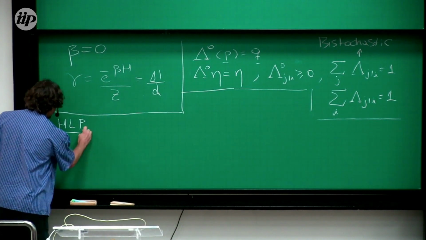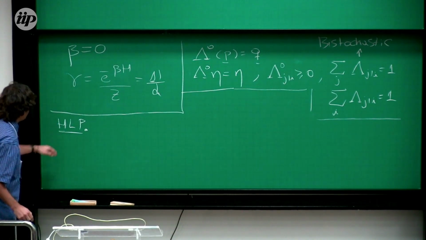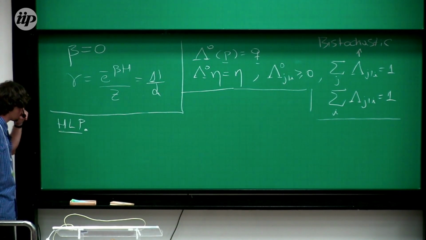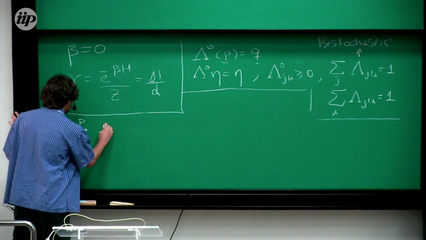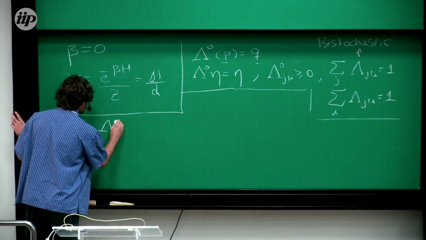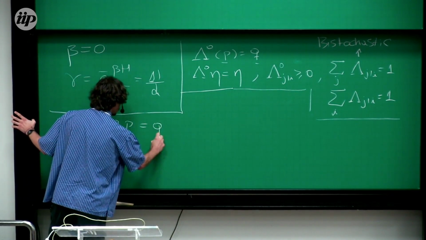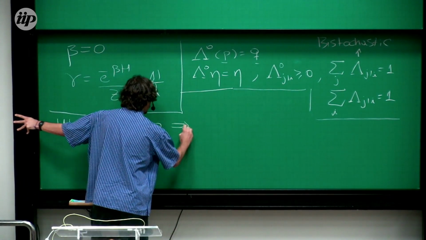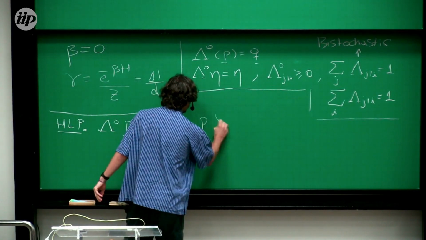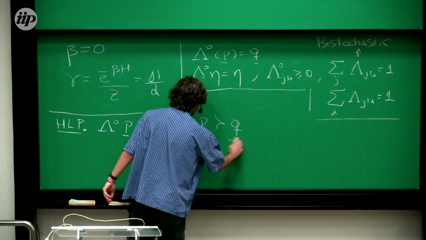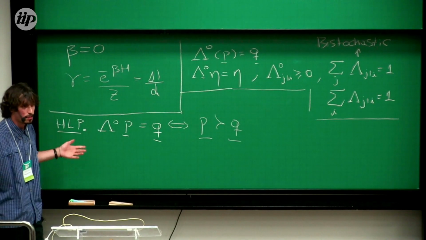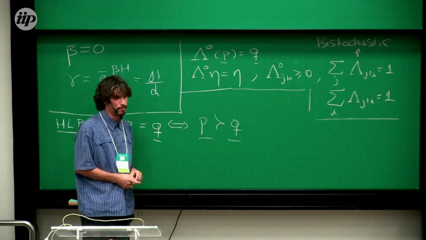It's very funny. So basically, the Hardy, Littlewood, Polya theorem says that there exists a bistochastic matrix mapping P into Q if and only if P majorizes Q. And now you can ask me, okay, what is majorization?